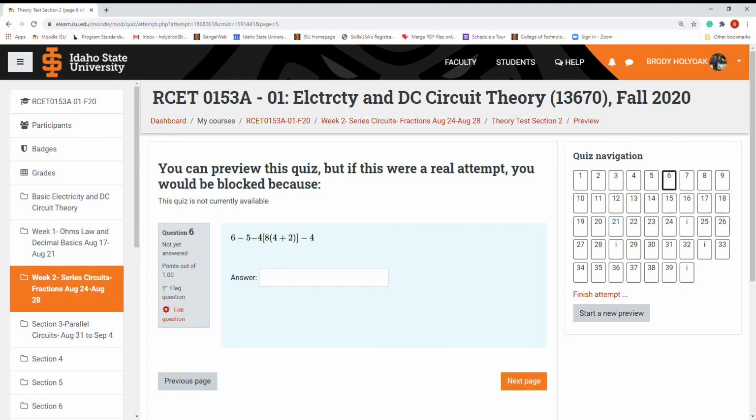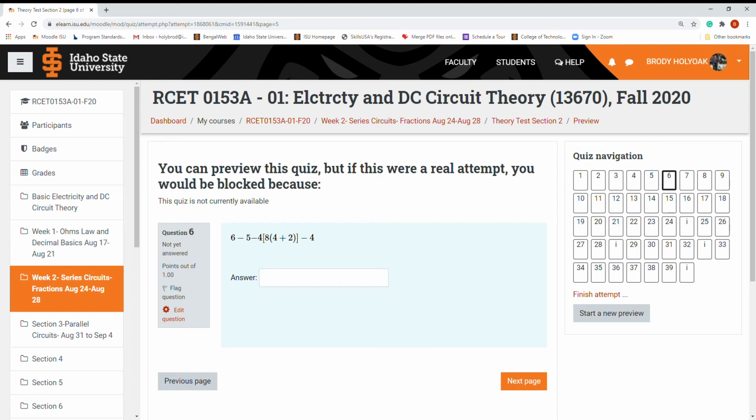Okay, now we come to another one. 6 minus 5 minus 4 times the quantity of 8 times the quantity of 4 plus 2 minus 4. Where do we start with this? Parentheses. So we start with 4 plus 2. That becomes 6. Now the next step is 6 times 8, the next set of parentheses.